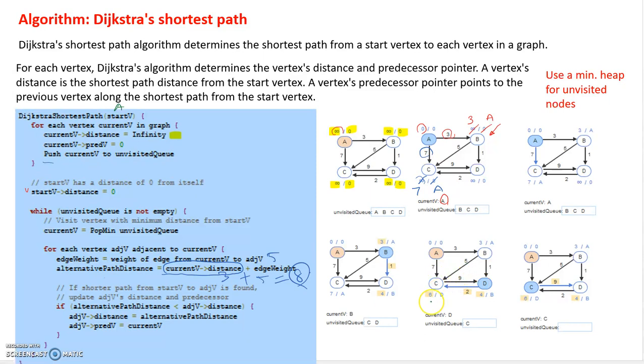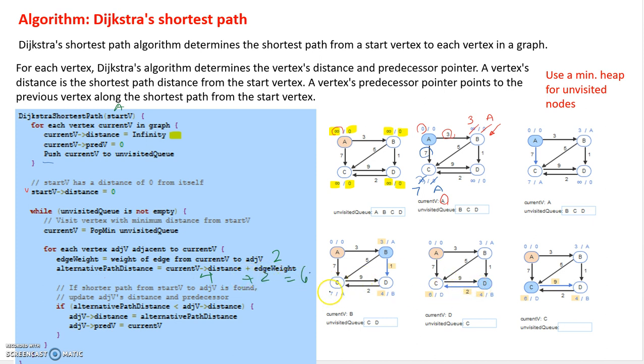Can we update the value of C? Let me just clean up this information once again. Now, what is the edge weight? The edge weight right here is 2. Now, what is current V's distance? Current V's distance is 4. 4 plus 2 is equal to 6.